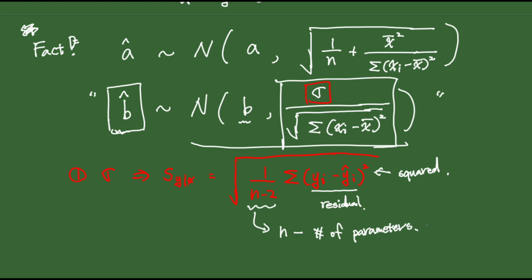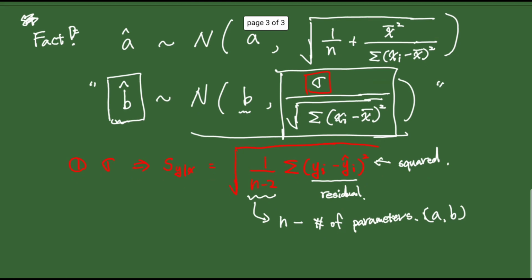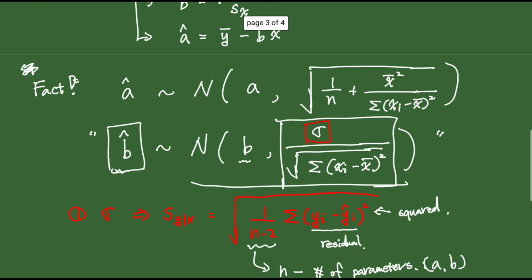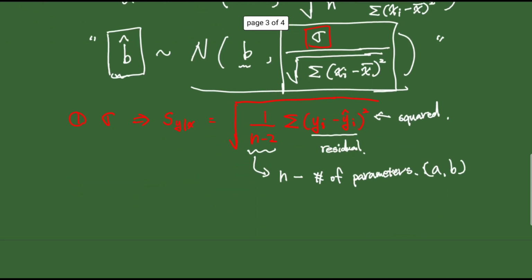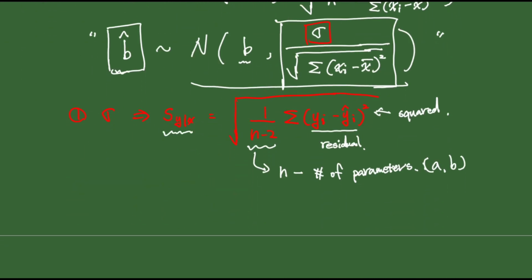In this case, A and B are our parameters. So we're going to use this S y given x as a replacement for the sigma.